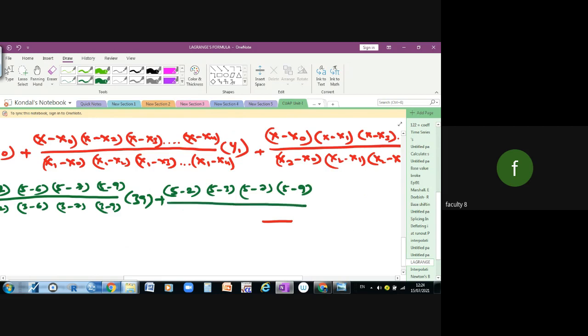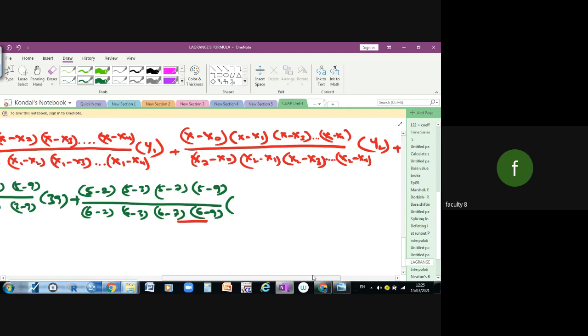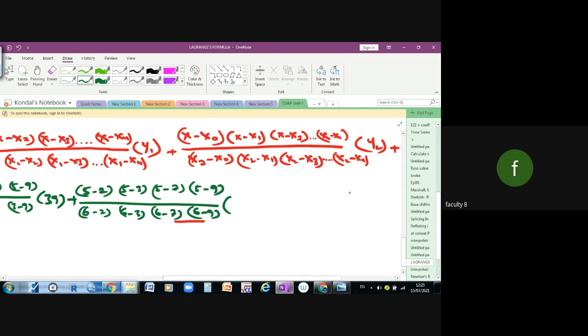So divided by x2 minus x0, x2 minus x1 and so on. x2 is how much? 6 minus x0, 6 minus 2. Then 6 minus 3. Then 6 minus 7. And 6 minus 9. Then into y2. That is equal to how much? 243. Then plus. So like that.